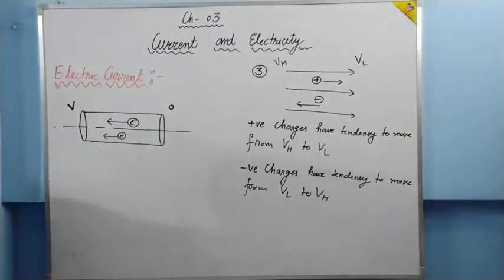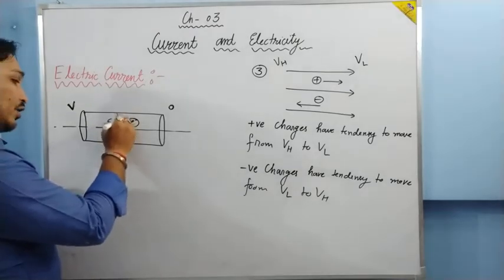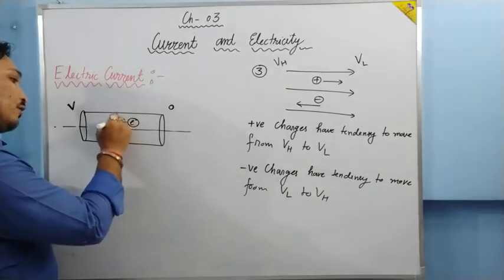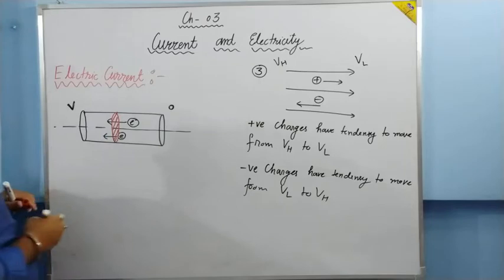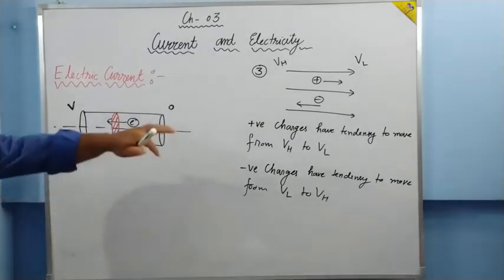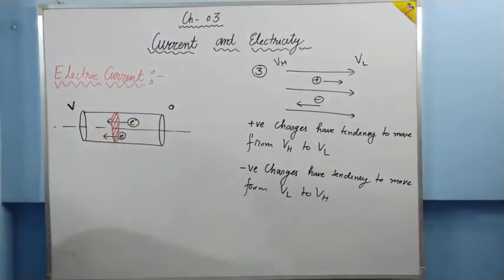Is it clear? Now suppose we take a cross section over here of the conductor, and electrons are moving through the cross section. So how do we define the electric current? Let us see that.